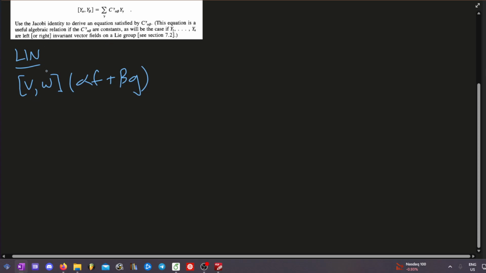Okay. This equals vw acting on the brackets minus wv acting on the brackets.